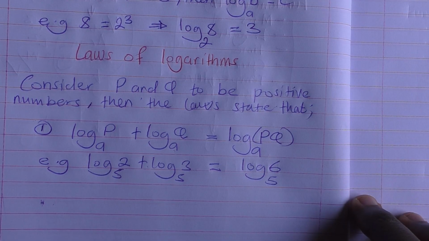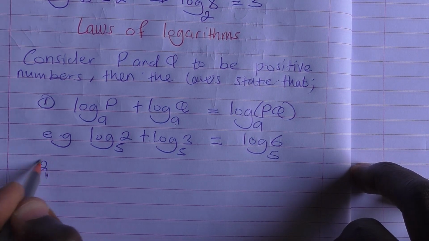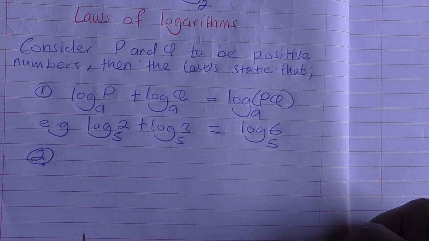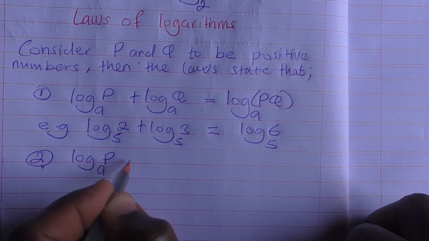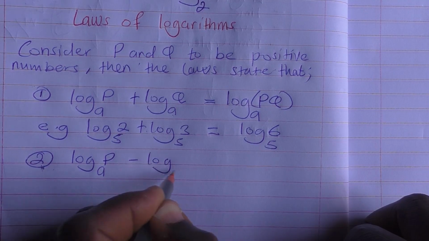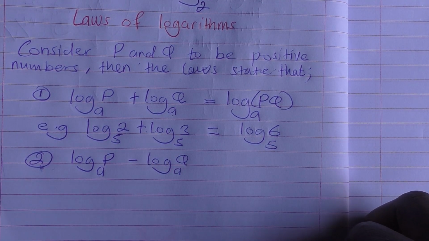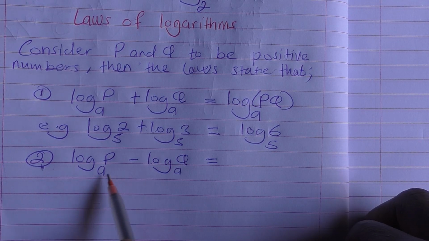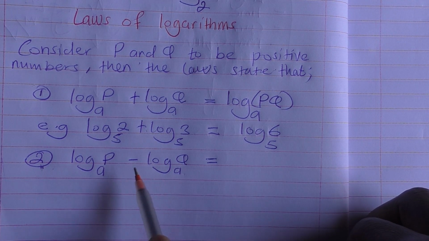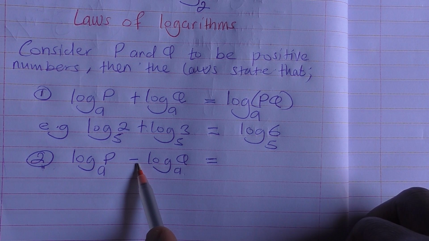Let us look at law number 2. When we have log a p minus log a q, then we are having the same bases and we are subtracting the logarithms.